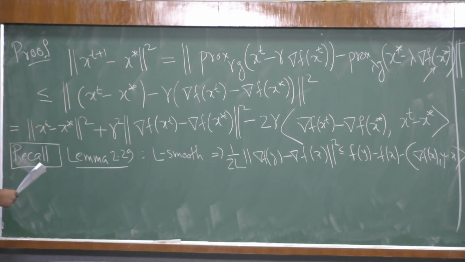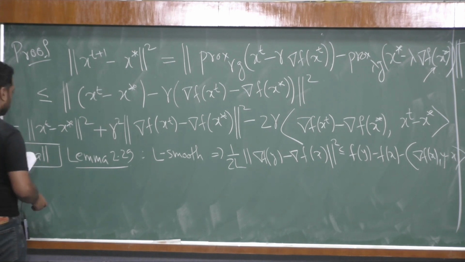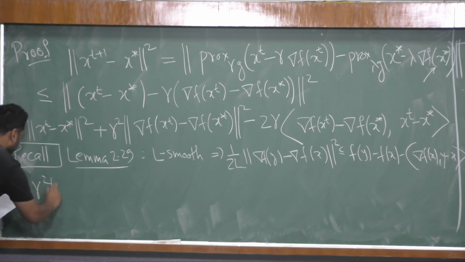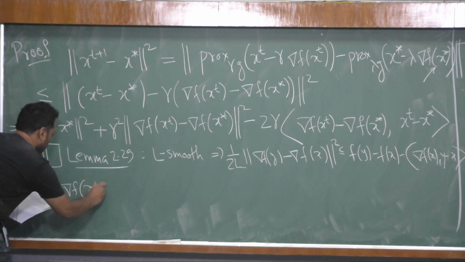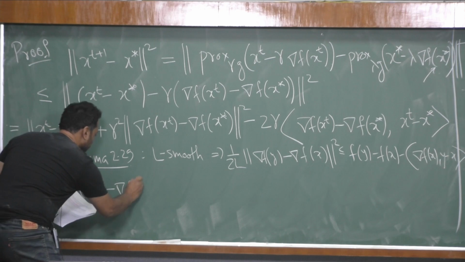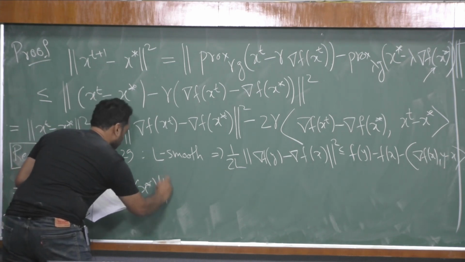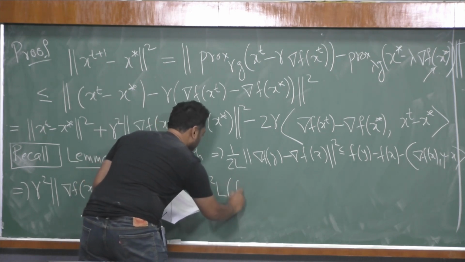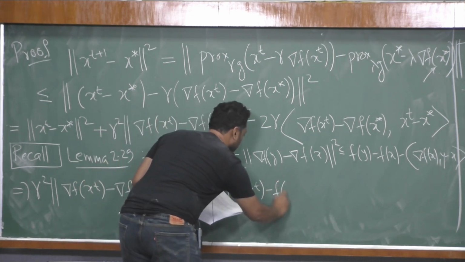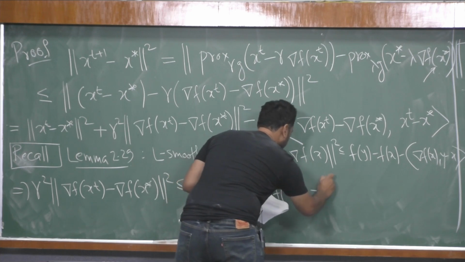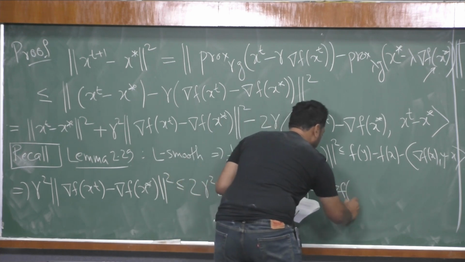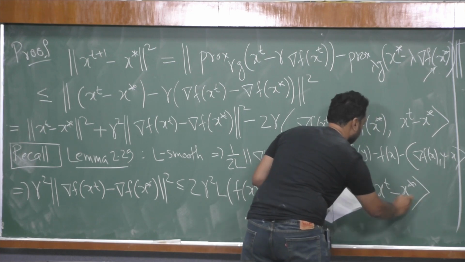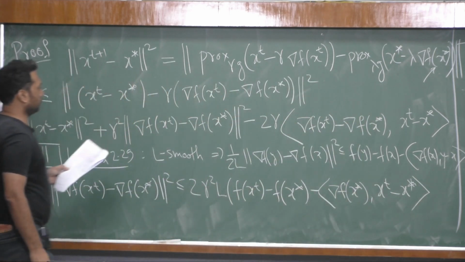Okay, so with this we will write gamma squared. This implies gamma squared ||grad f(x_t) - grad f(x*)||^2 is less than or equal to 2 gamma squared L times f(x_t) - f(x*) - <grad f(x*), x_t - x*>, right?